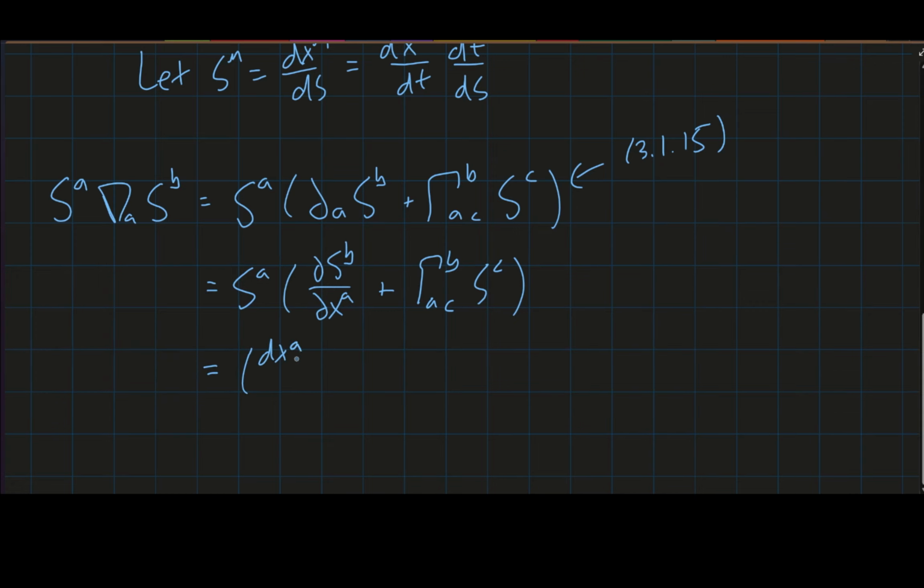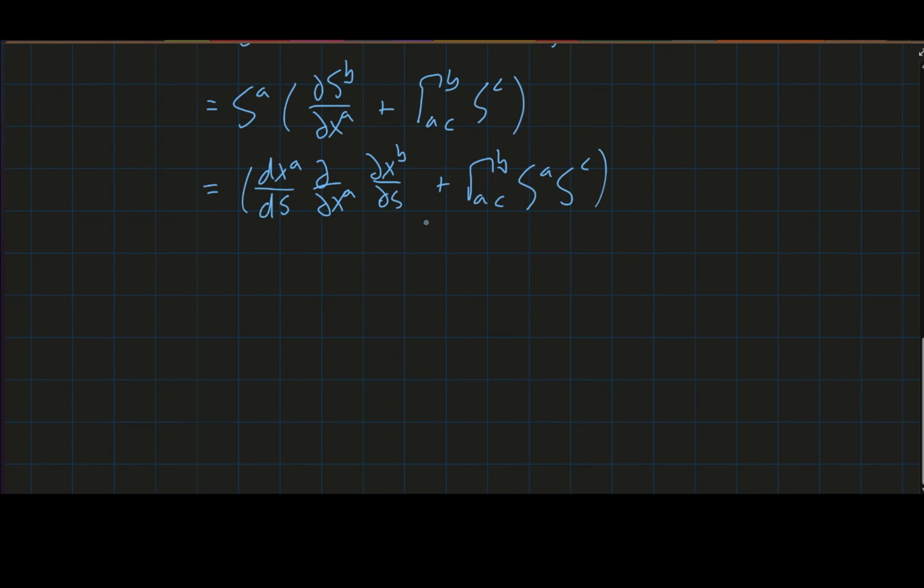We're actually going to put it right through onto both terms as well. So dx^a by ds, then we're going to have a d by dx^a, and we also have dx^b by ds, which is the S^B here. And then for the gamma term, we can just keep things simple for now, S^A S^C.